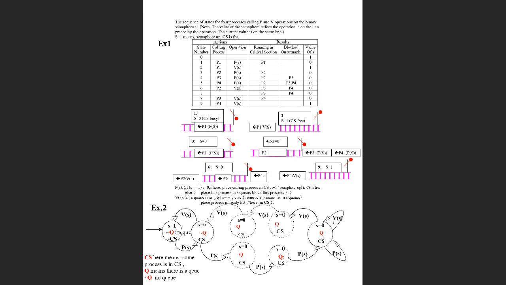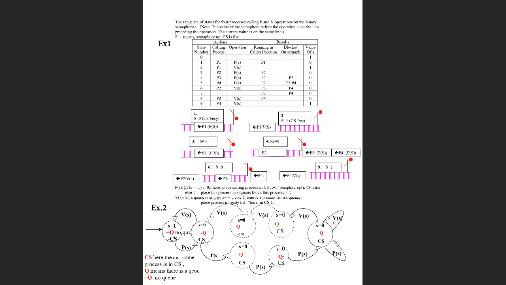So let's have this situation. We are starting from the initial state, and a process is coming. So we move to the second state, which we know already. The semaphore is closed and the critical section is busy, so there is CS.